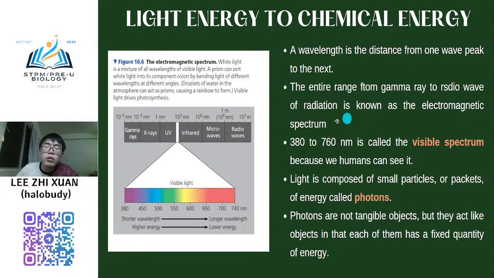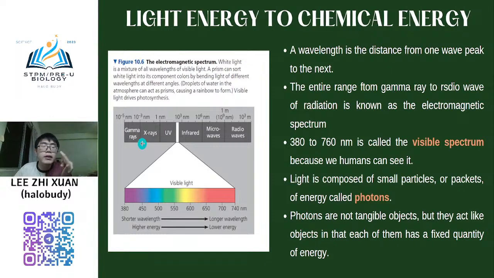Okay, so normally in plants, we only involve the visible spectrum, which we humans can see. Why do we call it visible? Because humans can see it. The others we cannot see. We cannot observe UV light. We cannot see X-ray.